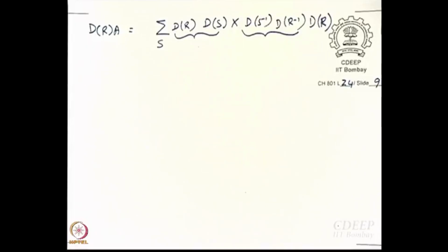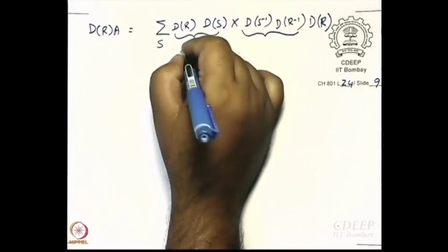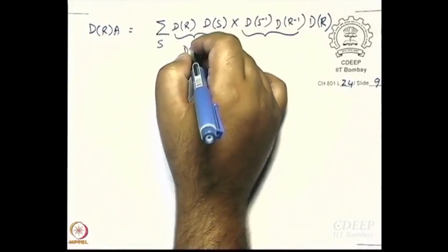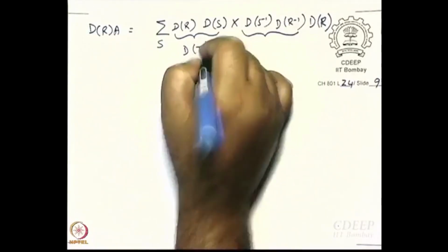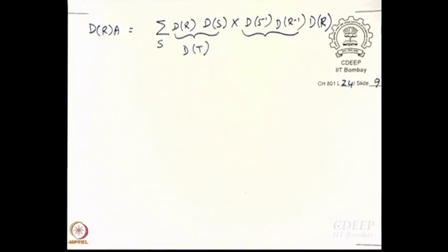Third starts with T, so I am going to call it T. I just made that up. What is T? T is equal to SR. Alright, T equal to SR, and dt is the transformation matrix corresponding to the symmetry operation T.